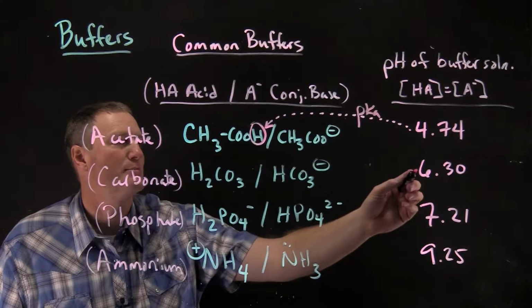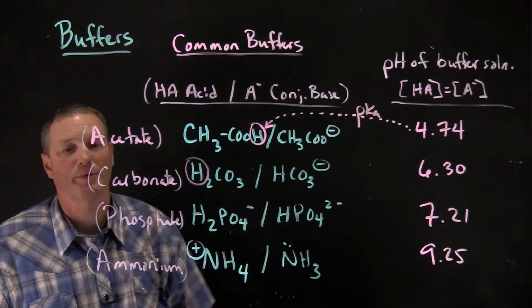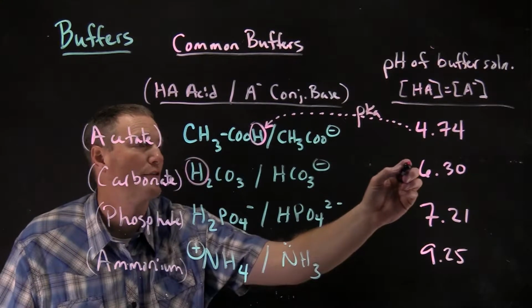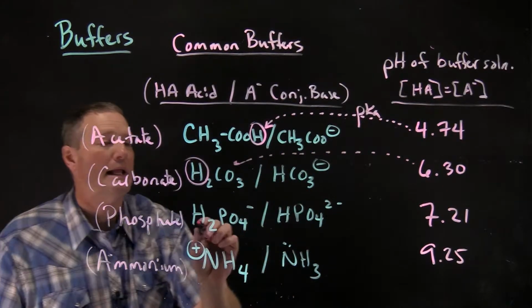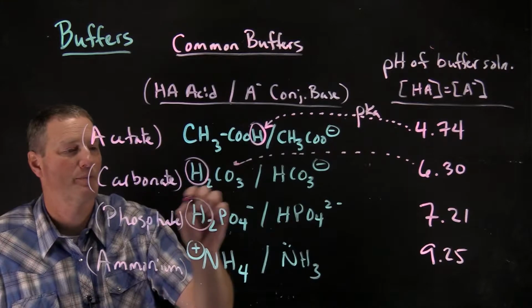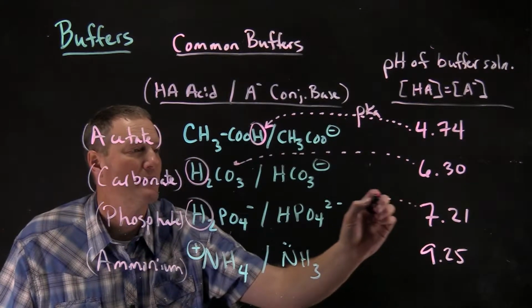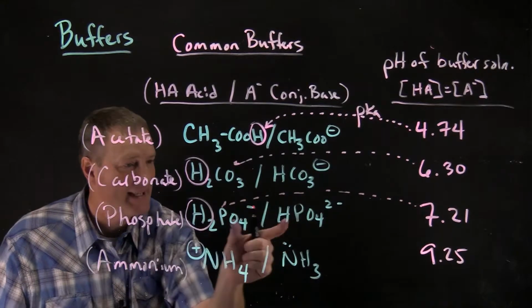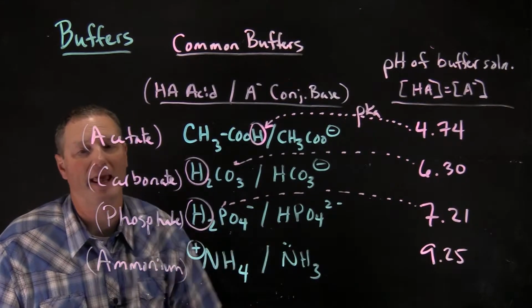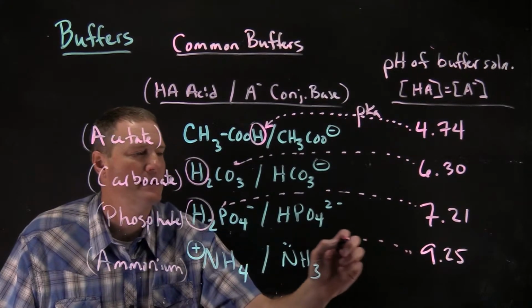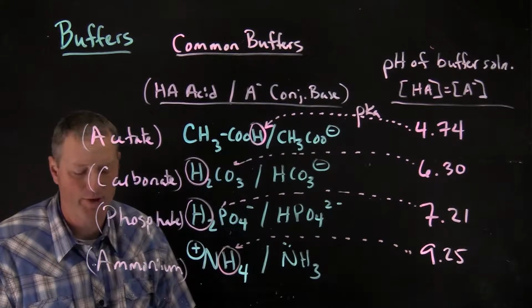Likewise, 6.3 represents the specific pKa for one of the protons of carbonic acid. In this example, one of the protons of dihydrogen phosphate, its pKa. Again, if these are mixed in equal molar amounts, the pH of that solution equals the pKa. And then lastly, 9.25 represents the pKa of the ammonium ion.